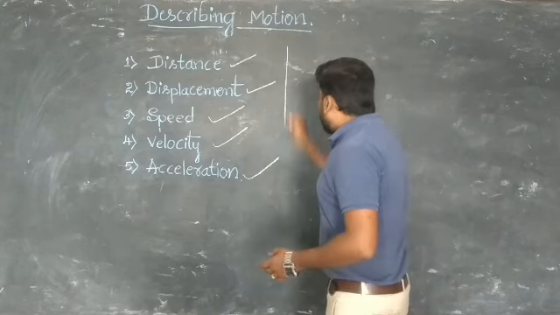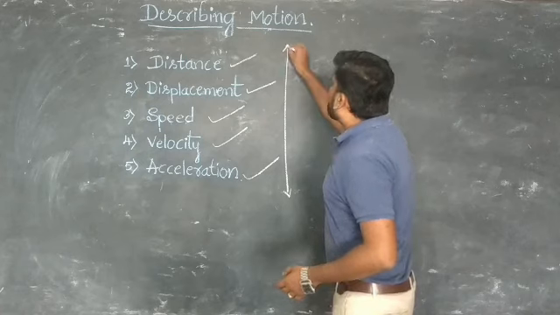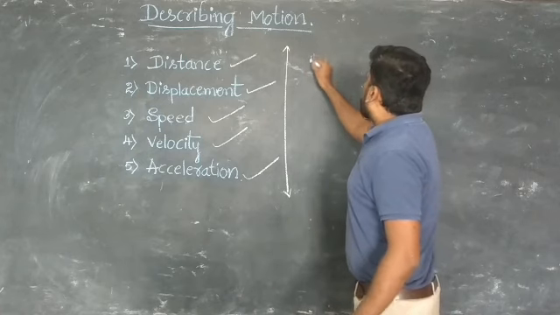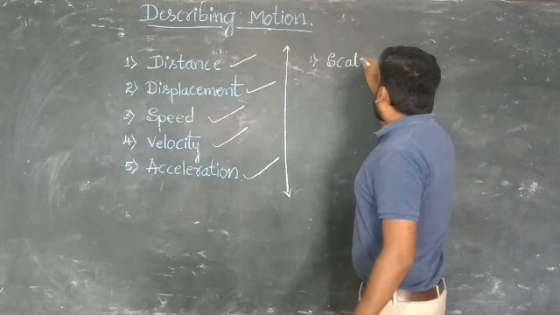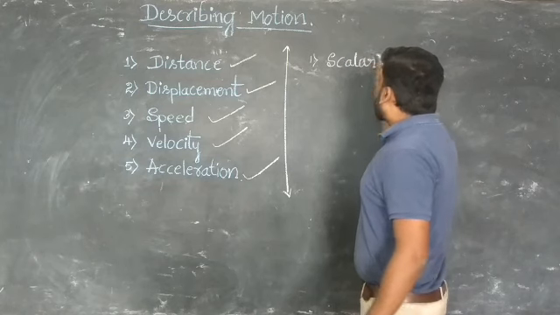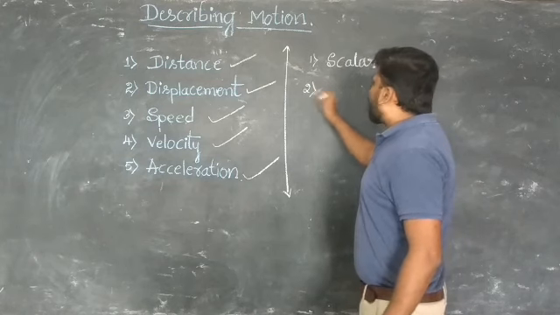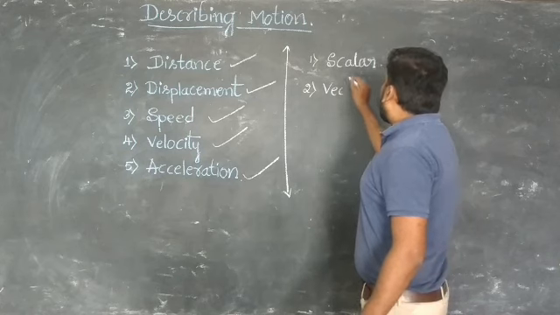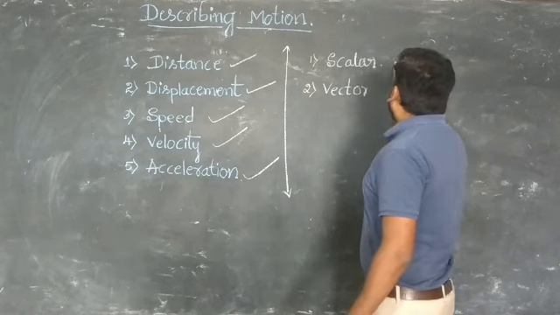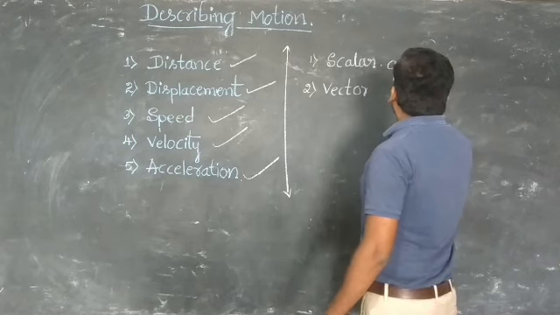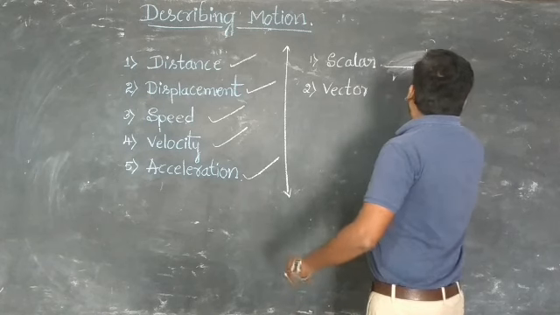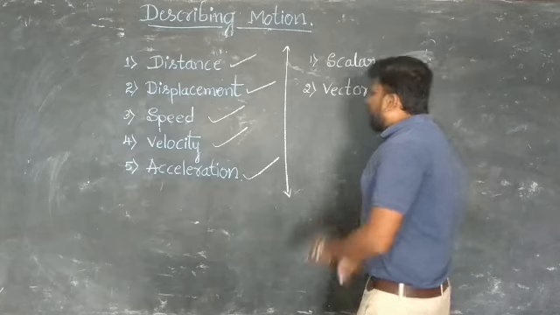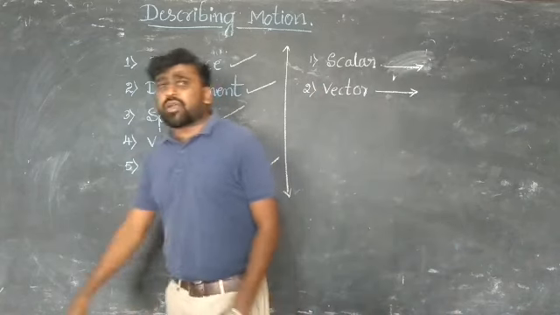This is very basic regarding the describing motion chapter. You already know this from your 7th standard, scalar quantity and vector quantity.